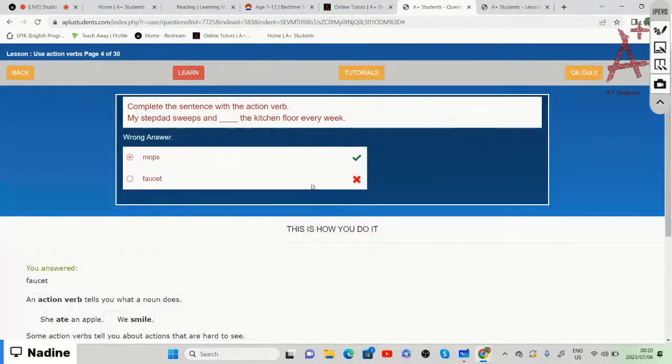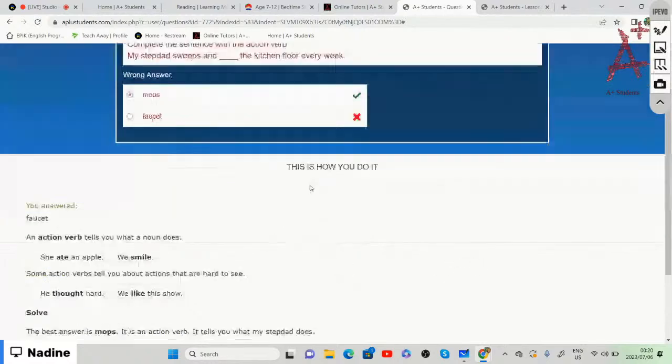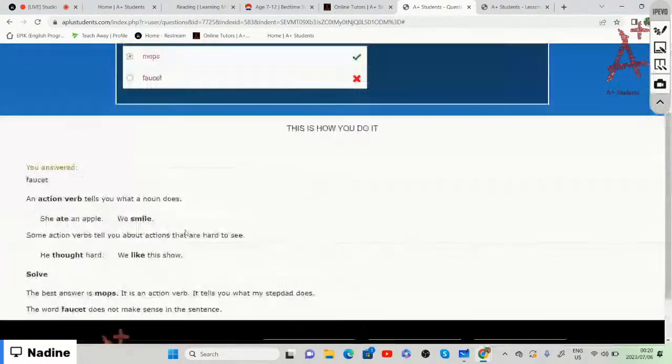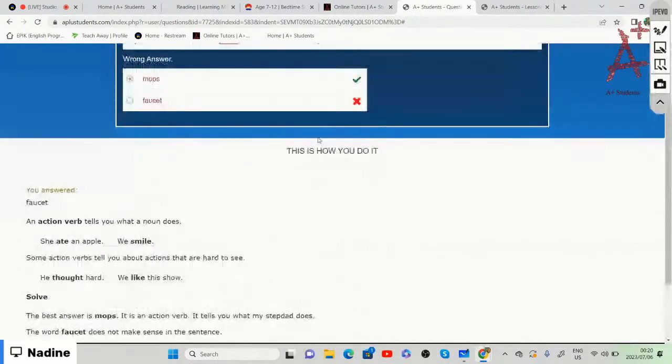The reason why I chose the incorrect word is that once you make a mistake and choose the incorrect word, it will take you back to the tutorial page and tell you how you need to do it. Then you just scroll down and it will tell you what the best option is.